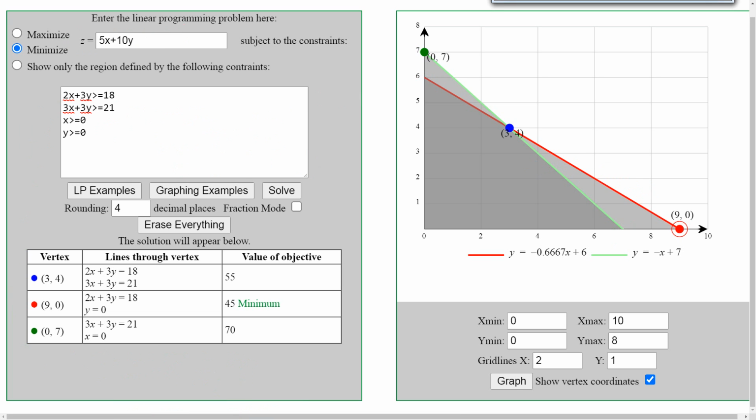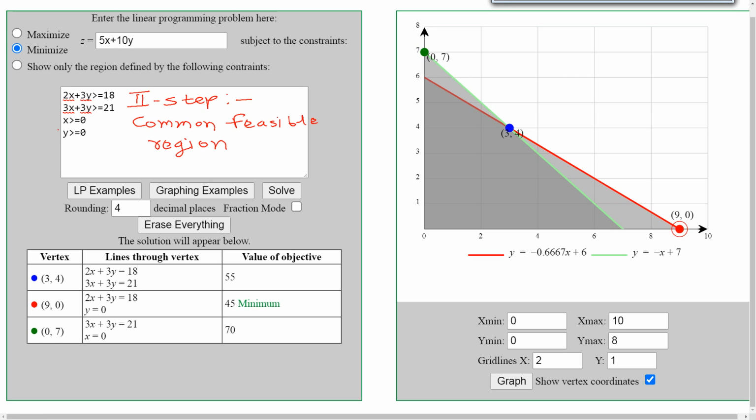Now the second step. In the second step, we have to determine the common feasible region of the linear programming problem. So the second step is to obtain the common feasible region of the linear constraints as well as the non-negativity constraints.